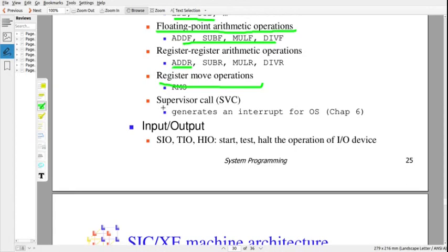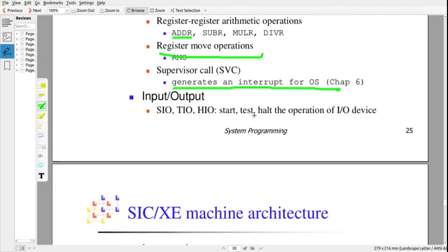Whenever the program being executed needs an operating system service, we use SVC to generate an interrupt, and that interrupt will help the program to call or take the service of the operating system. So this is very important. This type of instruction is used to access the services of the operating system.